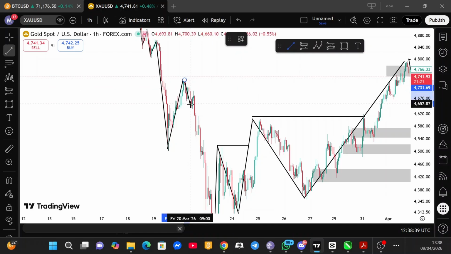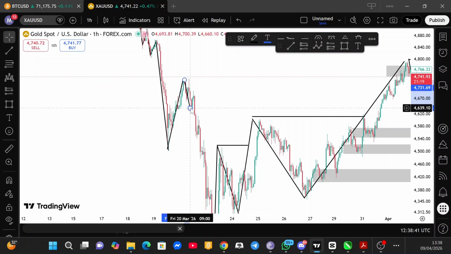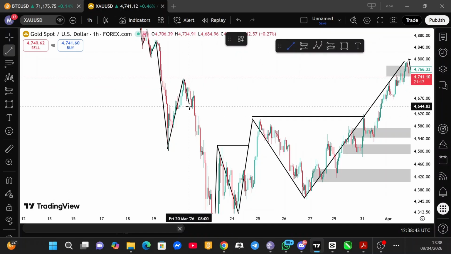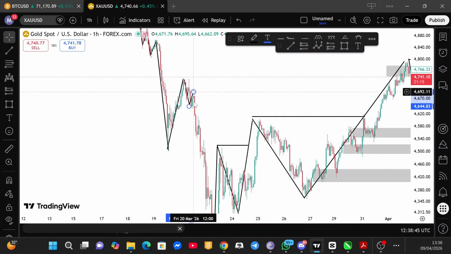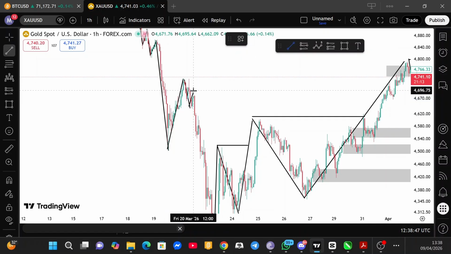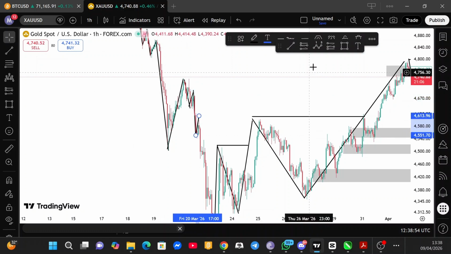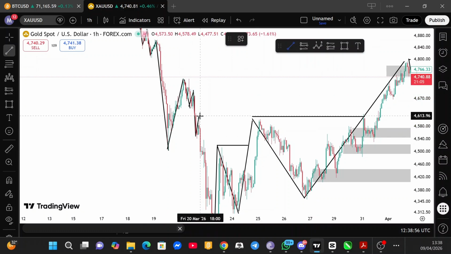Continued dumping, created a lower high, continued dumping, created a lower high, continued dumping. I think it created somewhat of a lower high here also. Continue dumping.